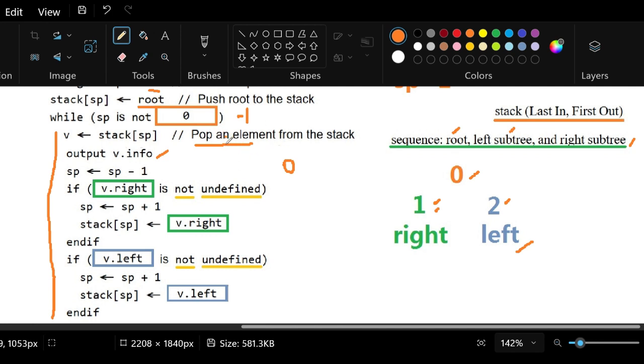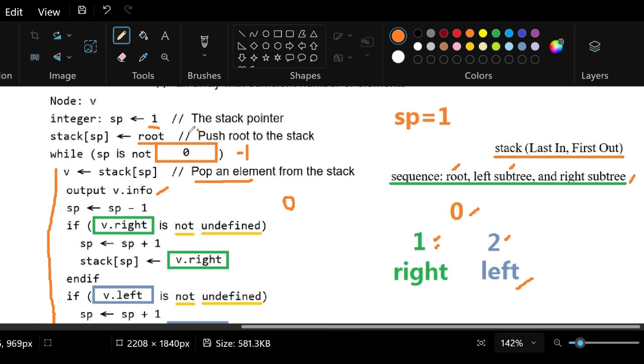But the problem would be here where we are at 0, but the stack pointer says that the minimum should be 1. The root is at 1.